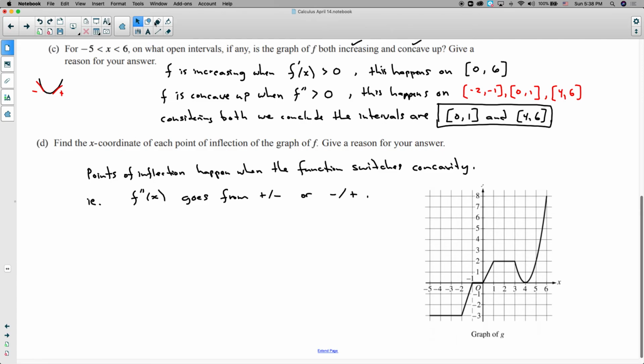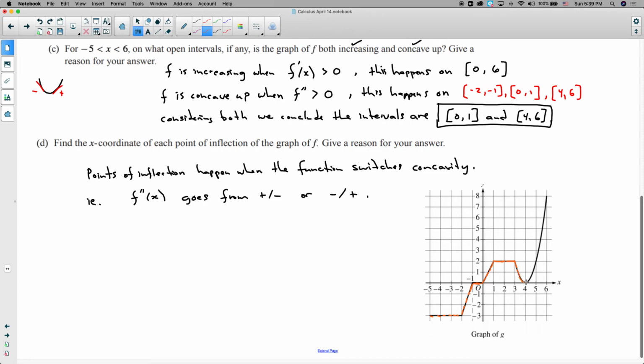Well, f double primes are the slopes. So here, the slopes are 0, and they switch to being positive. Okay, well, that's neither of these. Here, they're positive, and they switch to being negative, to 0, so that's neither of those. Now they're switching from 0 to being positive again, back to 0, that's neither of those. From 0 to a negative, that's neither of those.